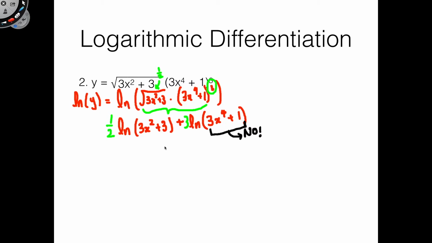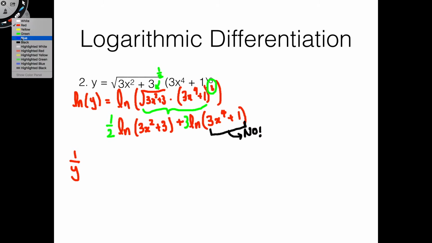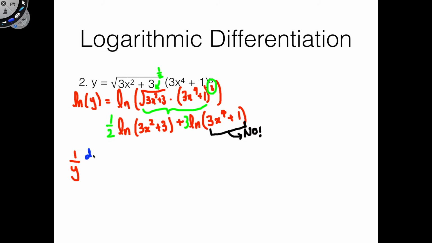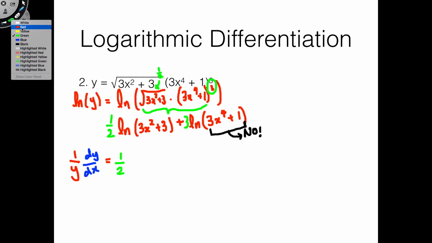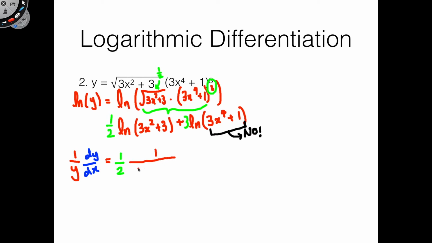All right. So now we've done all our simplifications. Let's go ahead and differentiate. So again, we've got 1 over y times dy dx. So that's going to equal, keep our 1/2 out here, times 1 over 3x squared plus 3 times the derivative of the inside by our chain rule.